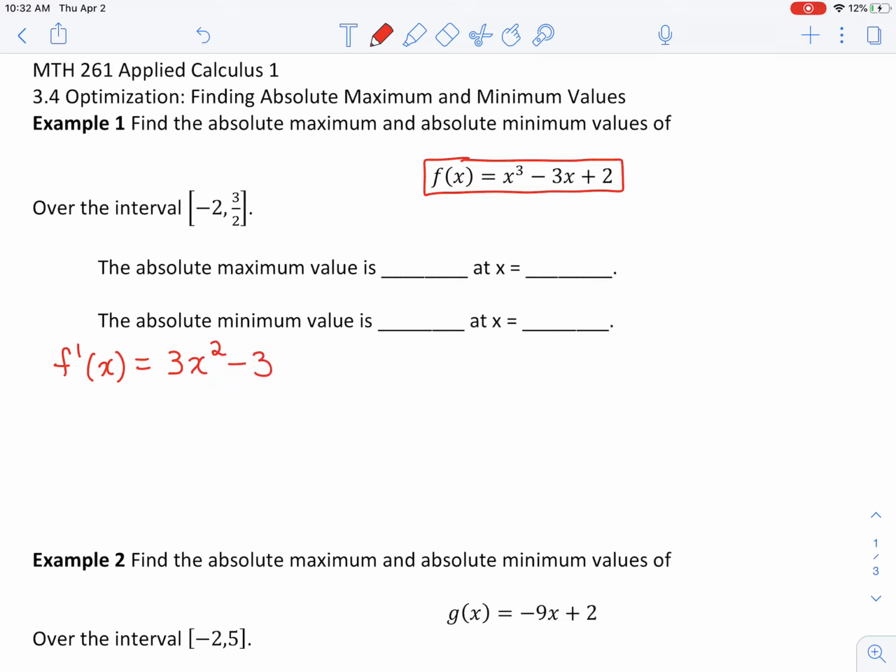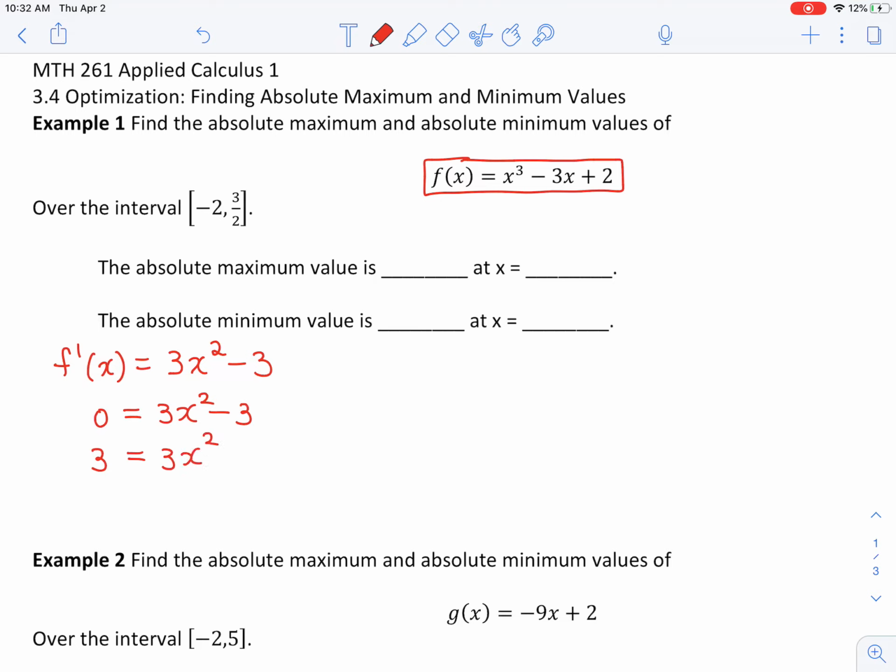If you take the derivative of this function, you will get 3x squared minus 3, right? Then to find the critical values of this polynomial function, we set this derivative equal to 0 and solve for x.